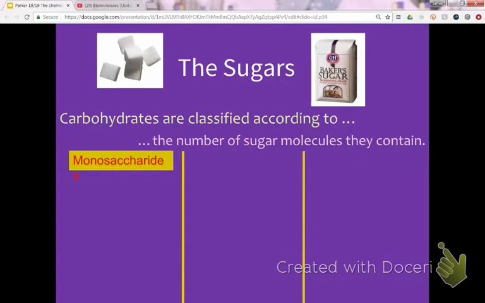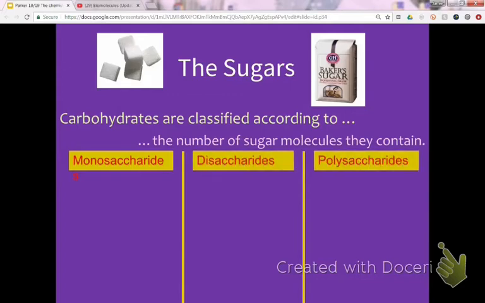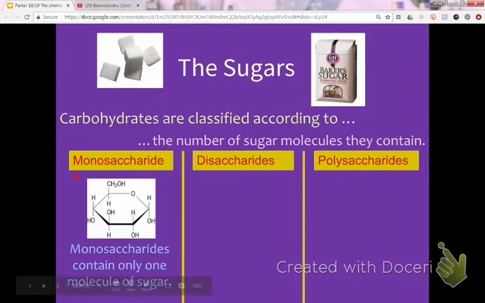So we have monosaccharides. Mono means what? One. Very good. So how many sugars do monosaccharides contain? One. They only contain one molecule of sugar, just like this. So straight glucose is a monosaccharide. Di means how many? Two. Very good.